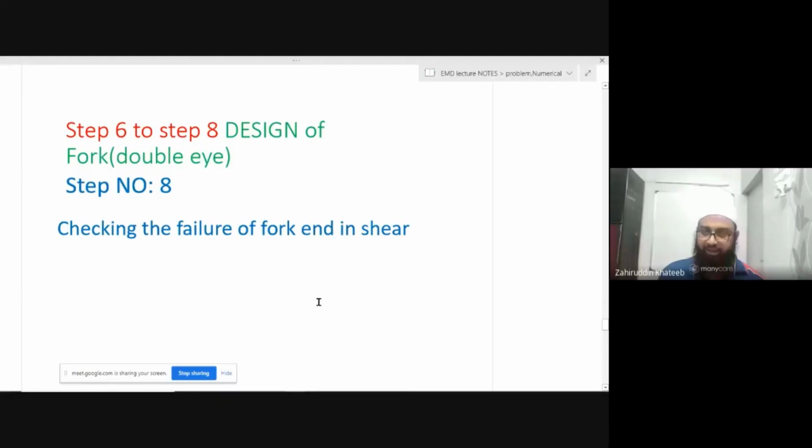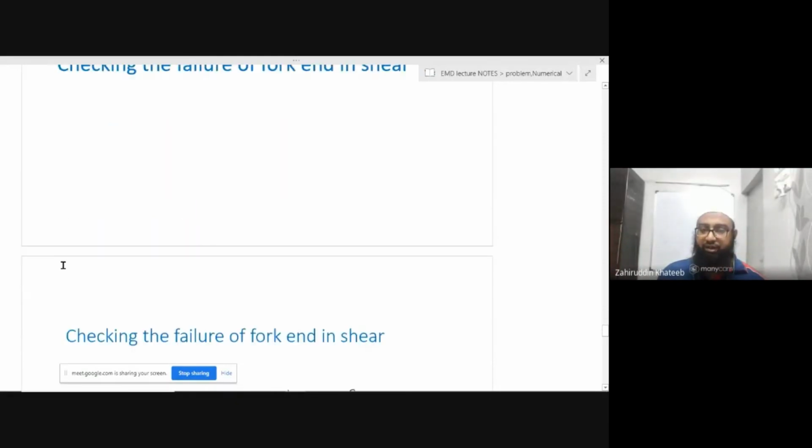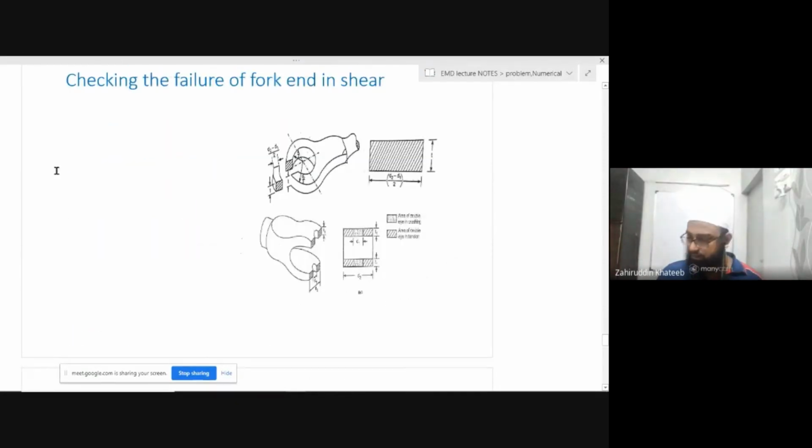Now we will move to the next step, that is design of fork end for the double end. Here we are checking the failure of fork end in shearing. Again we will apply the formula tau is equal to W upon 2 multiplied by D2 minus D1 multiplied by T1.